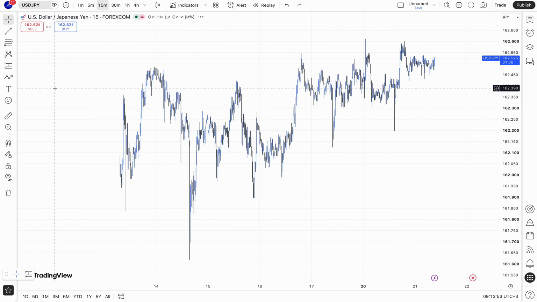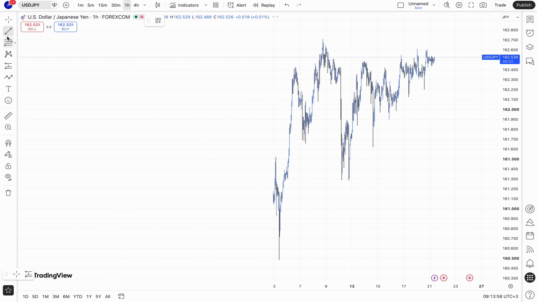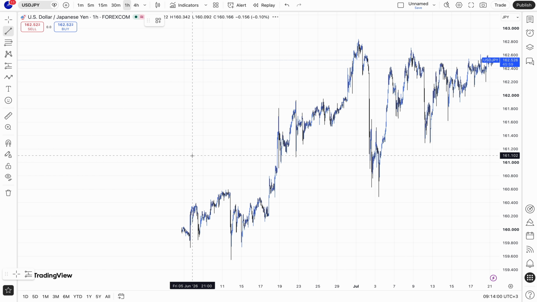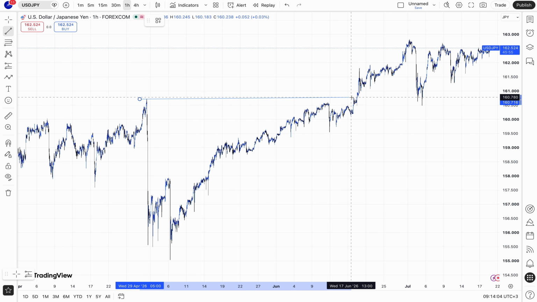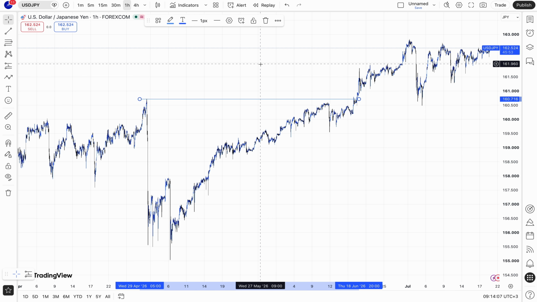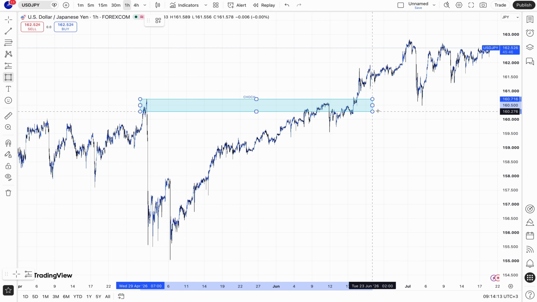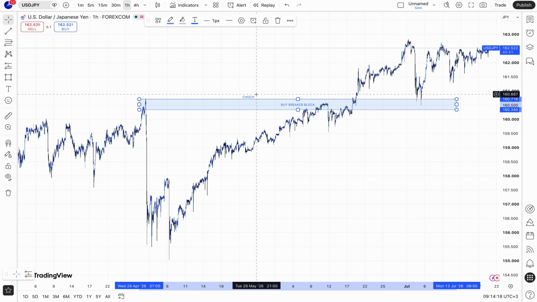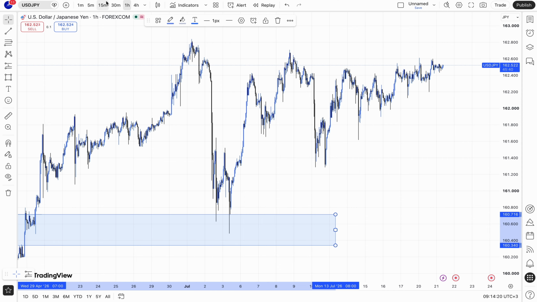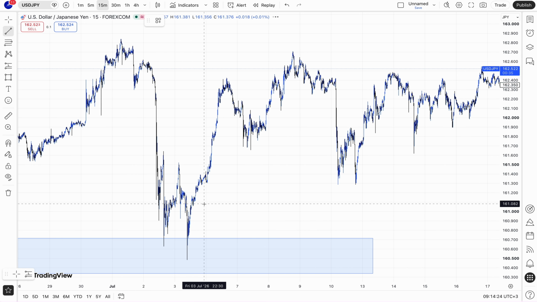Then for GBP JPY, change of character to the upside with our buy breaker block, which was around there. Then you have to move to 15 minutes to understand what's really the market doing under order flow.